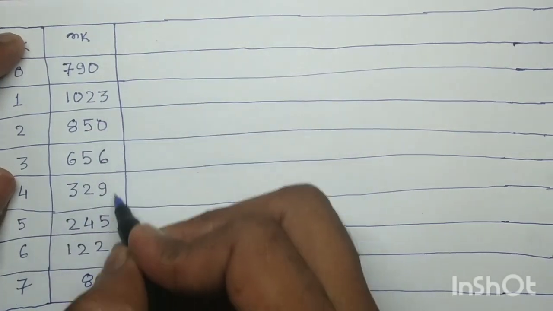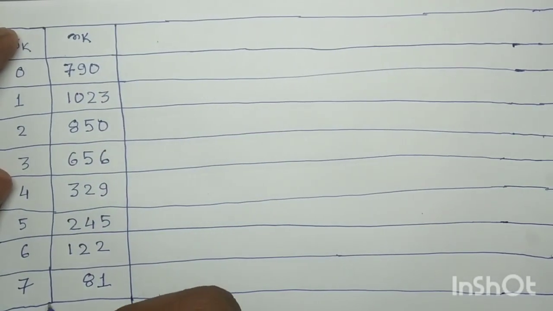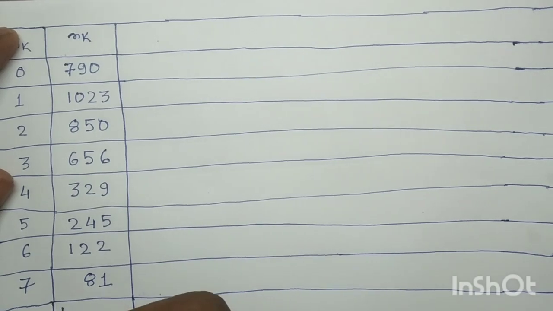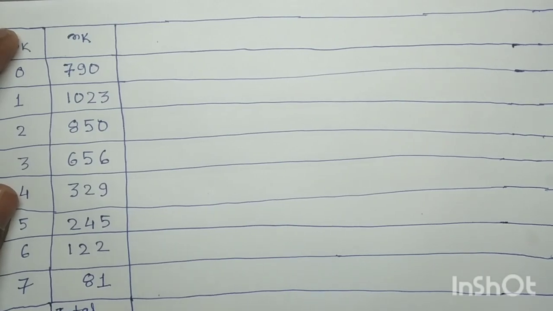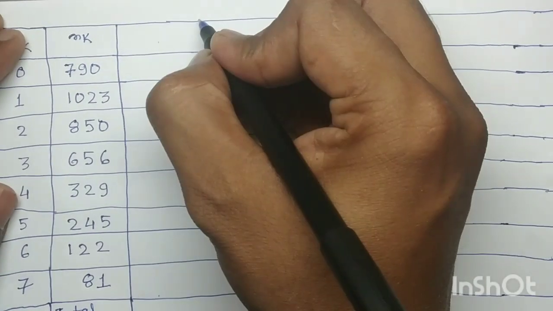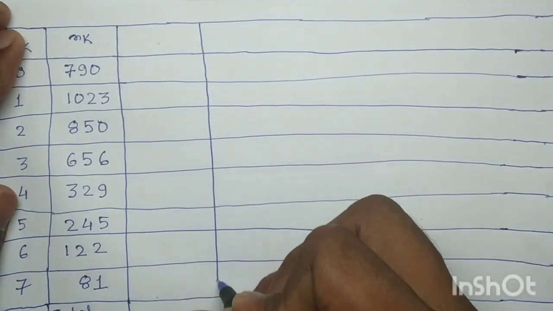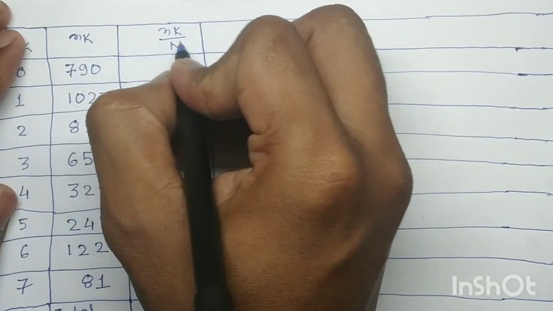So if you count all these numbers of occurrences, you will find the total number of pixels, it is 4096. In the next step you have to make the normalization. That is, you have to determine nk by n. What is n?